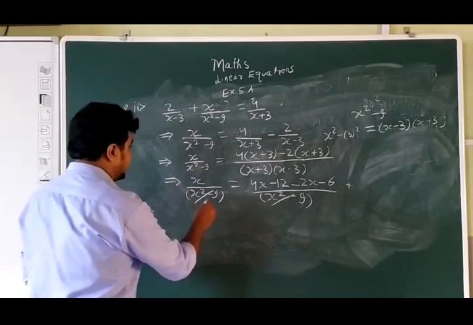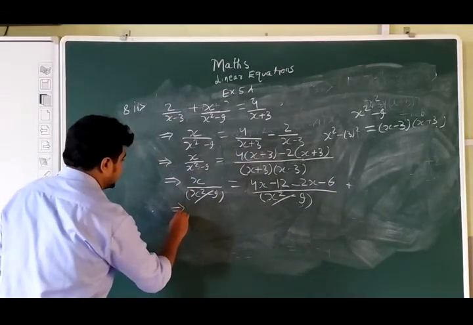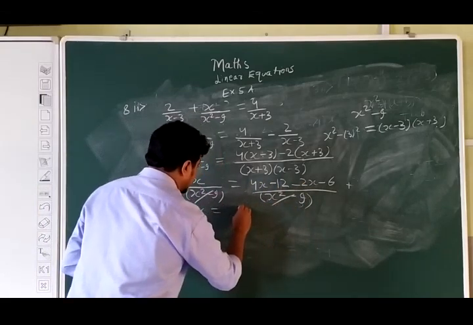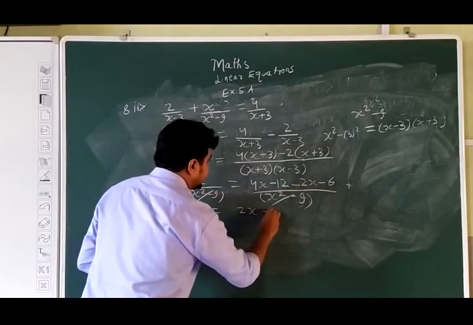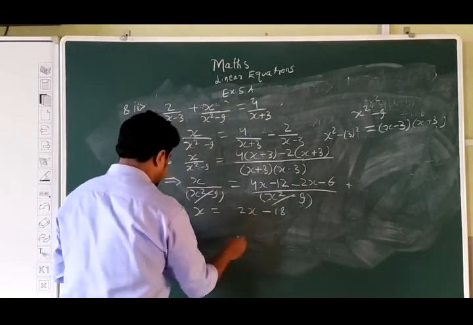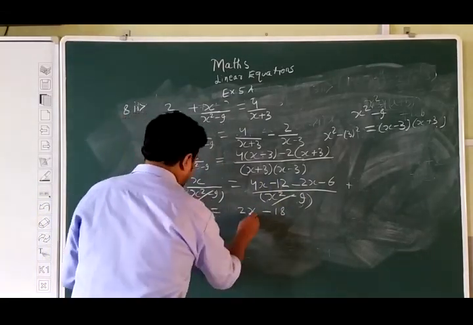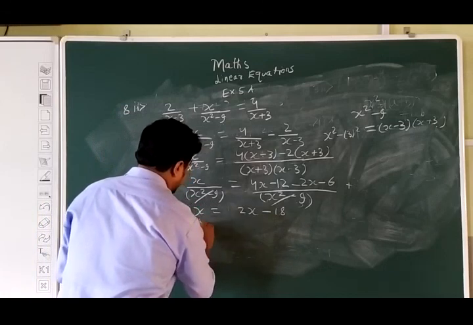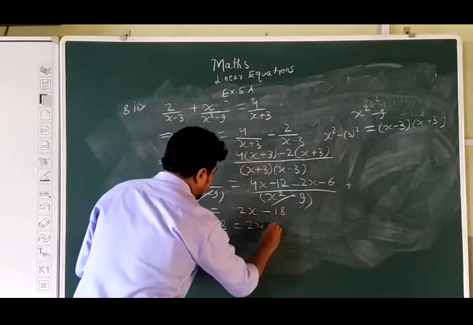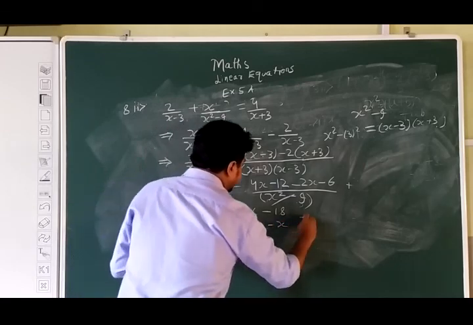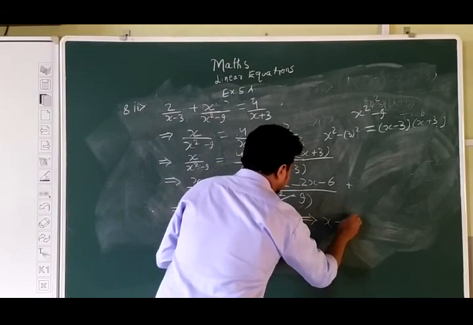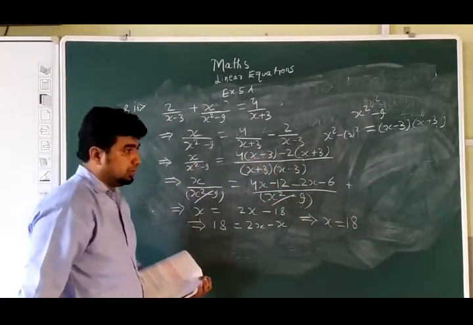Now from here what we are getting, x is equal to 4x minus 2x is 2x, and this is minus 18. If I take minus 18 to the left side, it will become plus 18, and this is 2x minus x. So from here we are getting x is equal to 18. So this is the answer of question number 8 bit 2.